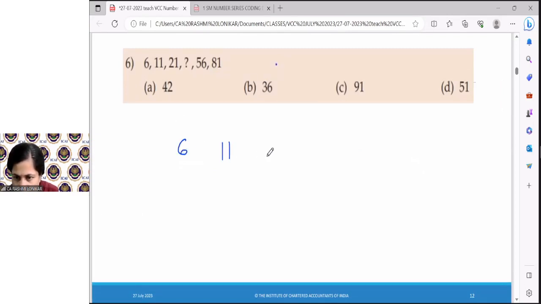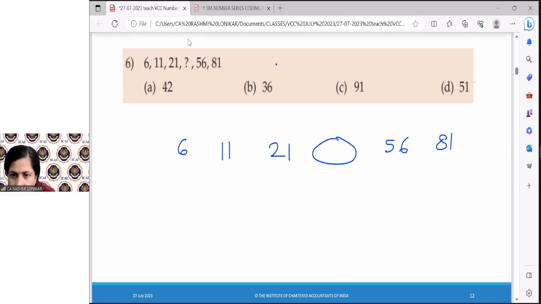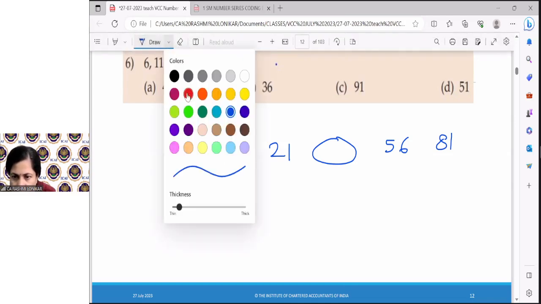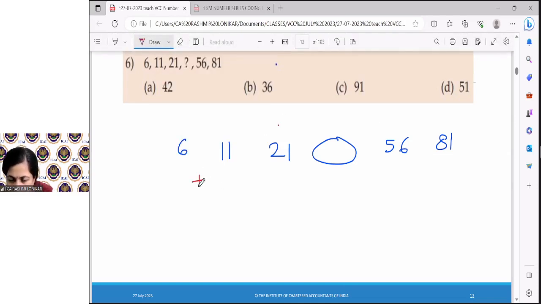6, 11, 21, question mark, 56 and 81. What is the difference? 6 plus 5 gives me 11. 11 plus 10 gives me 21.